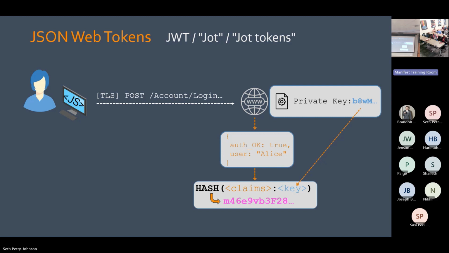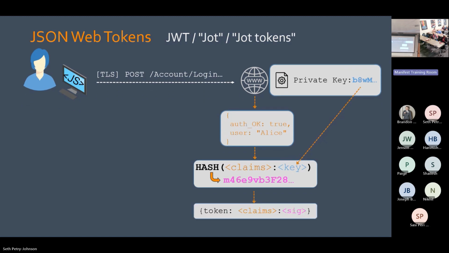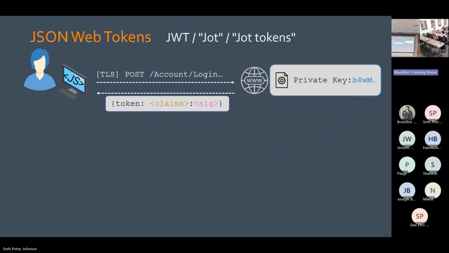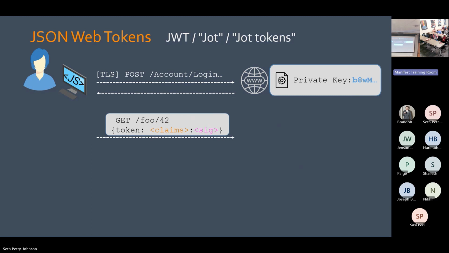And that creates a signature, right? Here's the claims, there's the signature. It then creates a token. The token contains the claims in text and the signature, right? The server's key is not part of the token, the claims are. That token gets sent back to the browser. And then the browser resubmits that token with all subsequent requests.